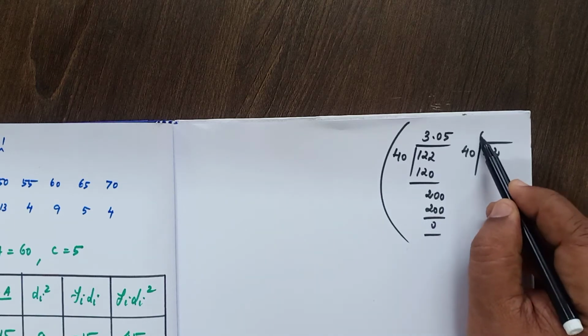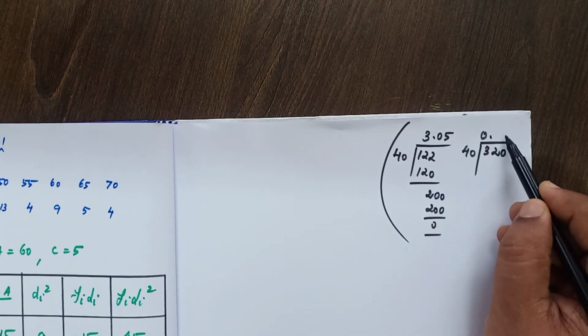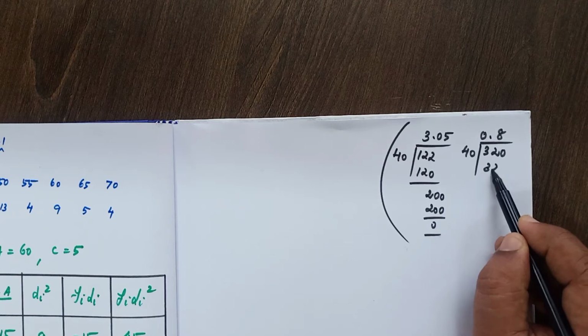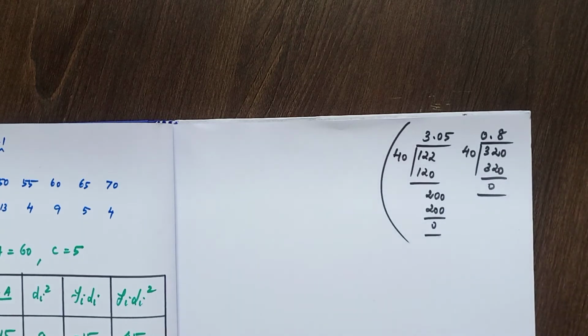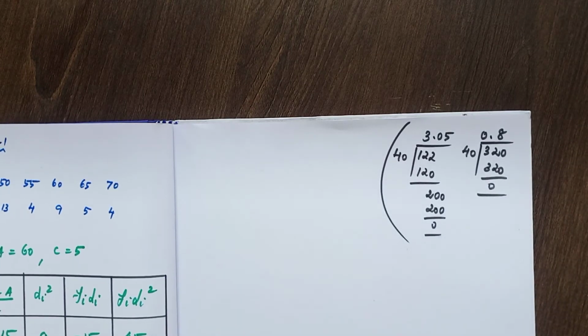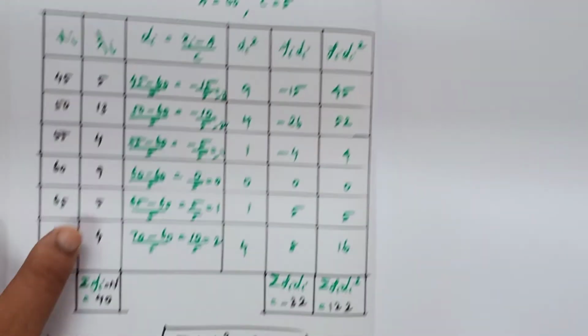Cannot be, put the decimal point, 0 point, here 0, 8 times 8 into 40, 320. 0.08. Sorry, 0.8.